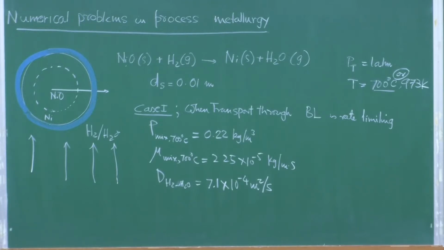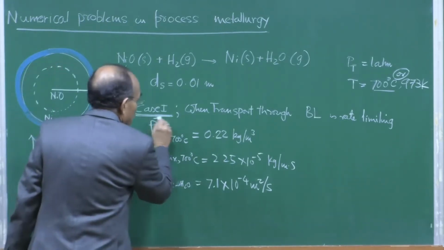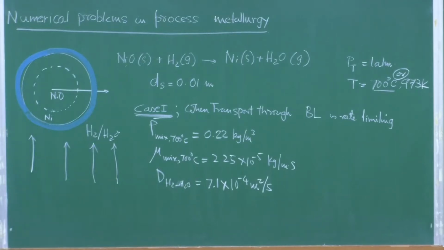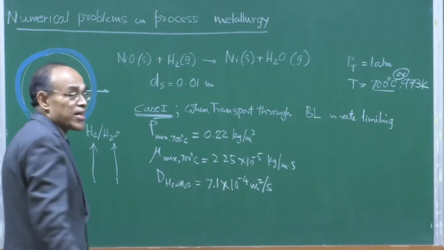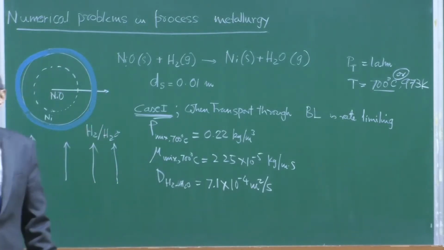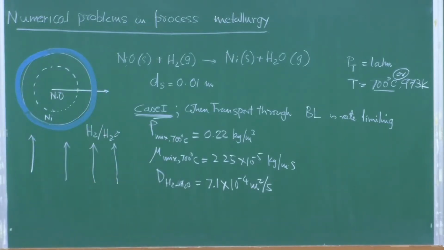So, with this data, now we want to calculate the rate of nickel oxide reduction when transport of hydrogen gas through the boundary layer is the rate limiting kinetic step.